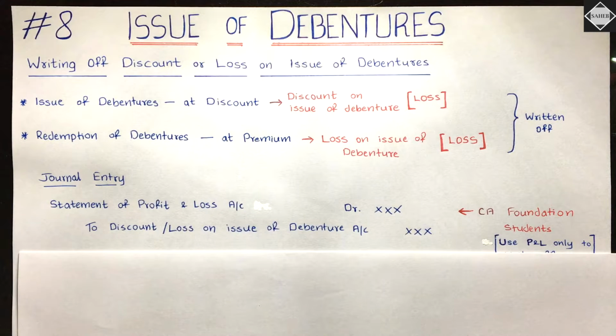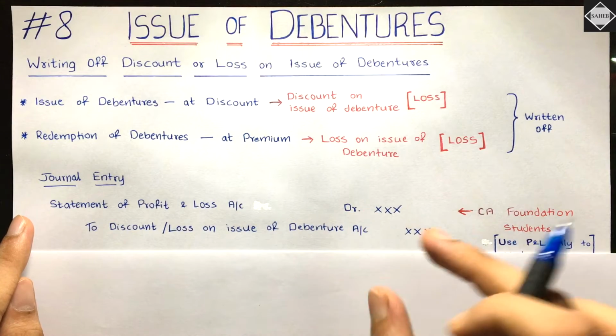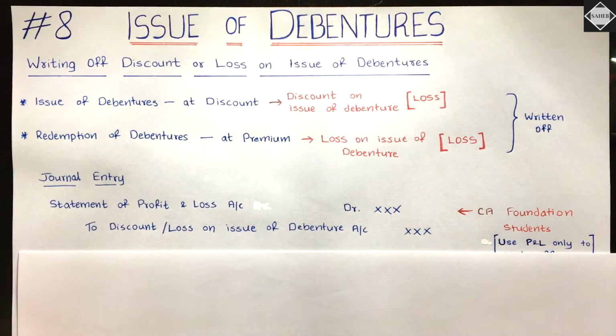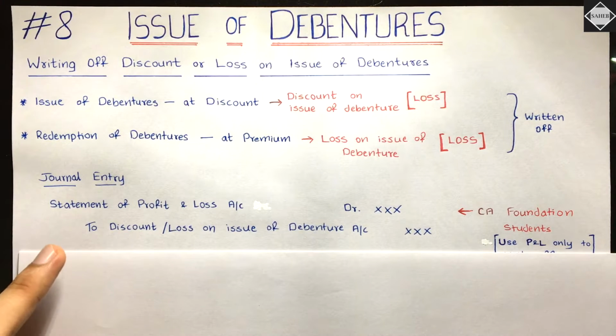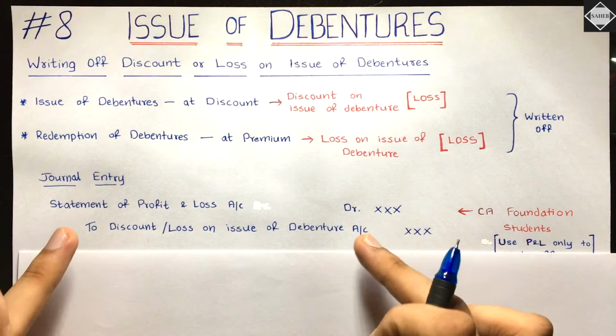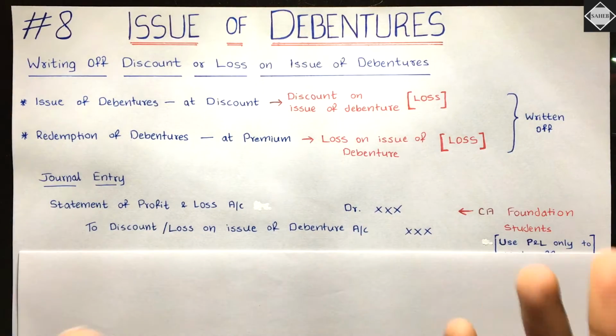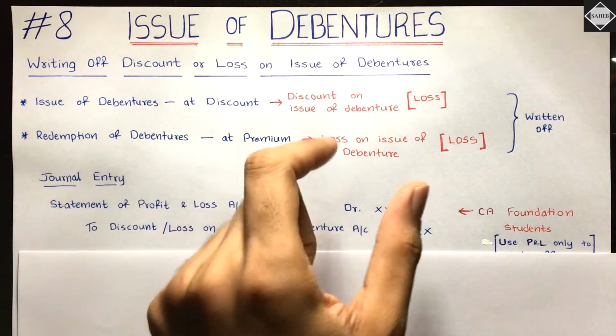So you will pass this entry: statement of profit and loss account debit 10 rupees to discount or loss on issue of debenture account, 10 rupees. So what is happening is you are taking this expense to profit and loss. Like for example, if you have paid rent, what's the entry? Rent account debit to cash.